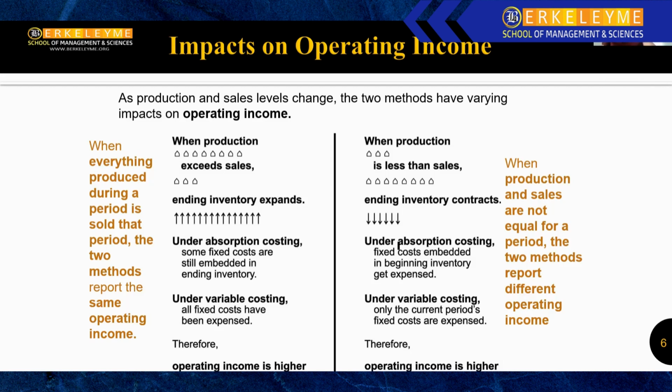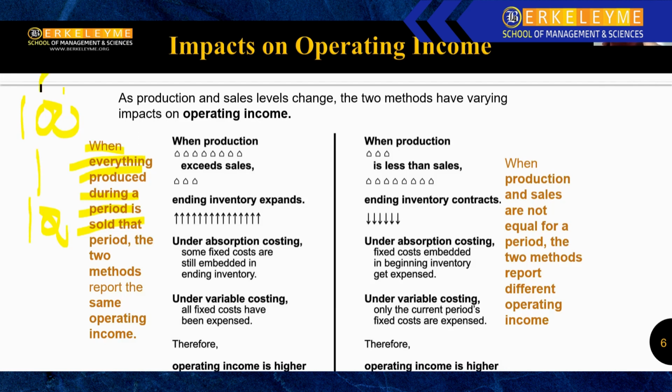Now see, he says that when everything produced during a period is sold, right? It means you produce 100 units and you sold 100 units. So it means that you have no or very little closing stock.